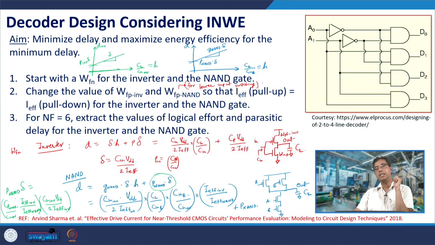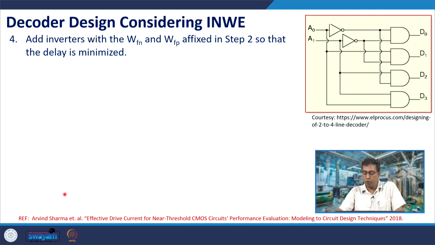So, all these relationships we use, and for a change in finger widths, we know how the threshold voltage changes, how the effective current changes, and therefore, how the logical effort, intrinsic delay, delta, parasitic delays, etc., change. Okay. So, for each finger width, you need not extract out the values of logical effort and parasitic delay again and again. Now, as a step 4, you add inverters at the end.